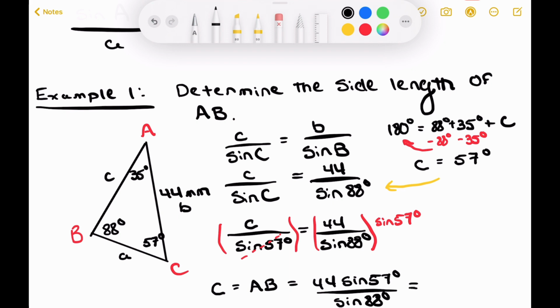And that is equal to 36.9. And we're going to use the units of measurement, which we have over here, which is millimeters. So we can actually just write this in as 36.9 millimeters, and that's rounded to the nearest tenth. And then we can also write it over here on our triangle because that was the side we were solving for.